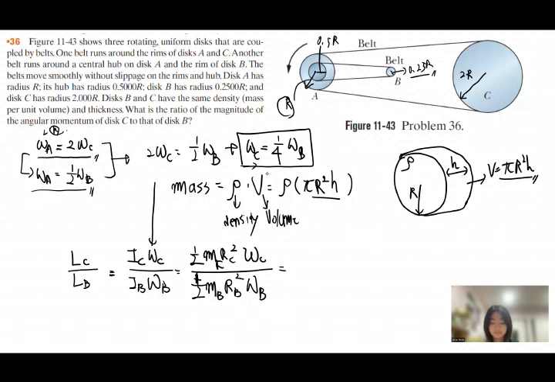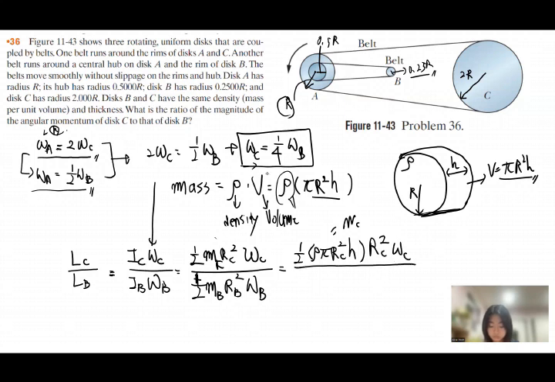So the M_C, as I already expressed, could be expressed with the volume and mass density rho. Now, we already assumed that these 2 disks are made out of the same material, so their mass density should be the same. So that should be 1/2 rho pi r_C squared times h, that is mass M_C, times R_C squared omega C. That is the numerator.